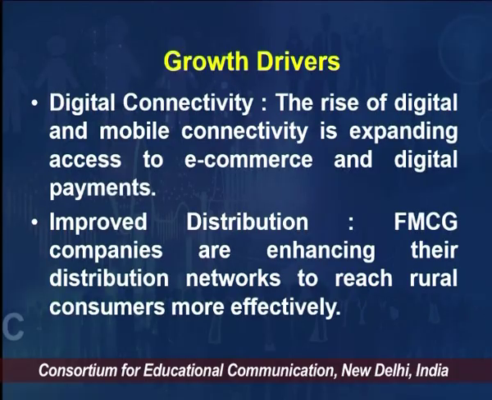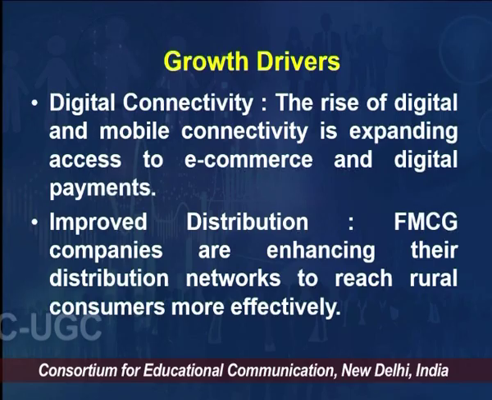The next one is improved channels of distribution. Of course, we have been talking about Gati Shakti, and fast moving consumer goods companies are enhancing their distribution networks to reach rural consumers more efficiently and effectively. Owing to the Gati Shakti scheme, the entire India is being covered under rapid transportation facilities.